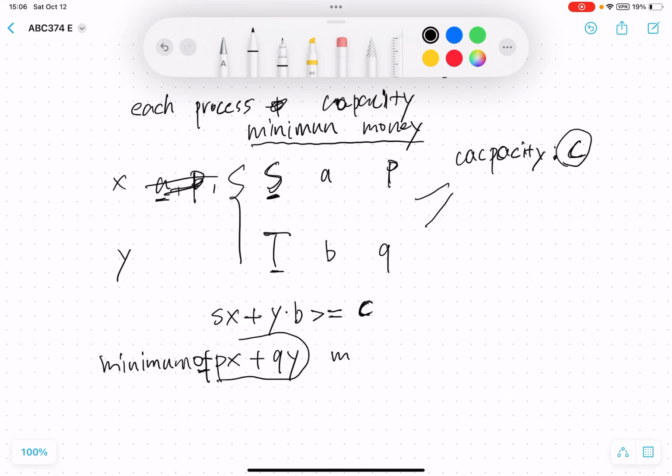Make this value minimum. So it's very hard.